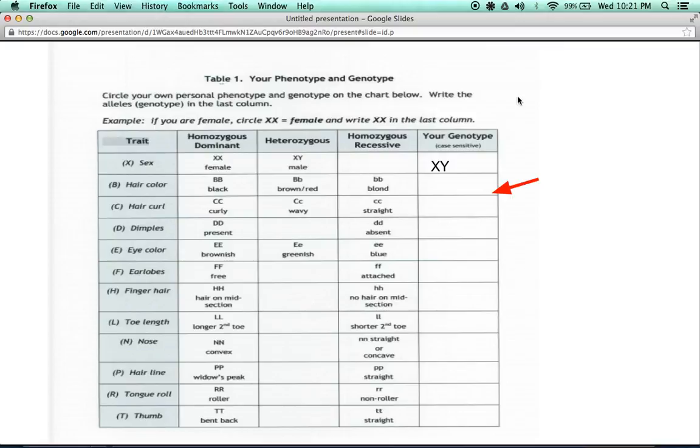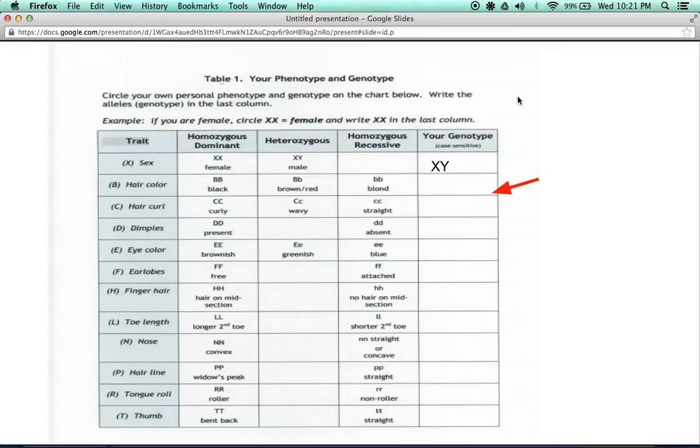In table 1, which we have right here, would be to find out each person's individual genotype. Their personal genotype, where they would be finding out what their hair color is, their eye color, etc., and they would be writing it out based on the description that they know of themselves, or they could even use the partner to help tell them what they have if they're unsure of certain things, like widow's peak or tongue roller, or even earlobes.